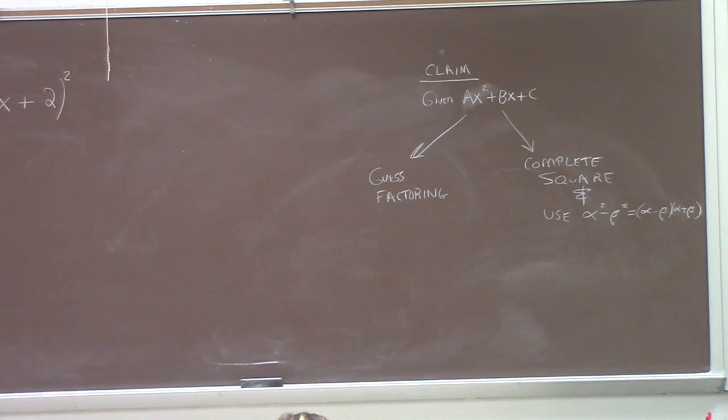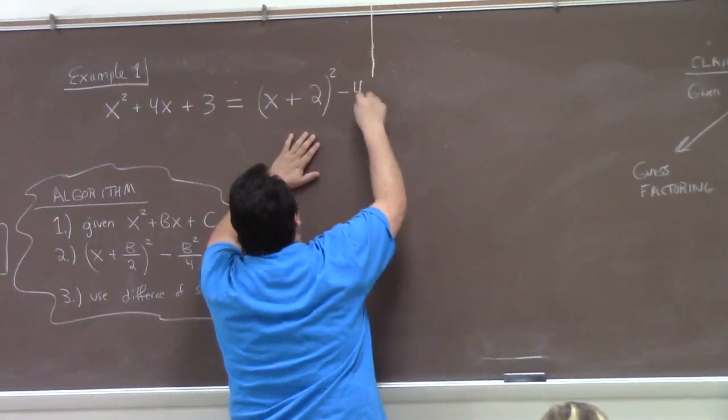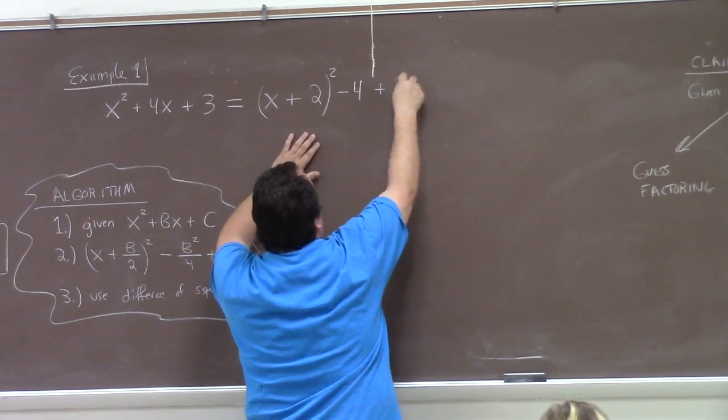So to be fair, I have to subtract b squared over 4, which in this case is 16 over 4, since b is 4 here. So I have to subtract 4. And then I still have the plus 3.